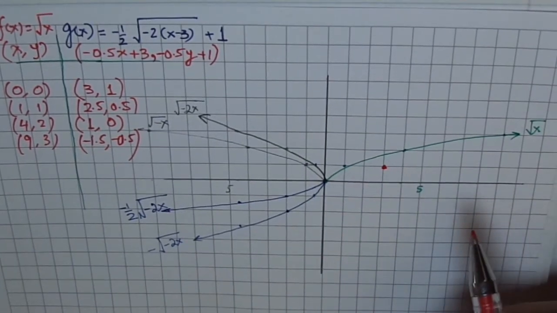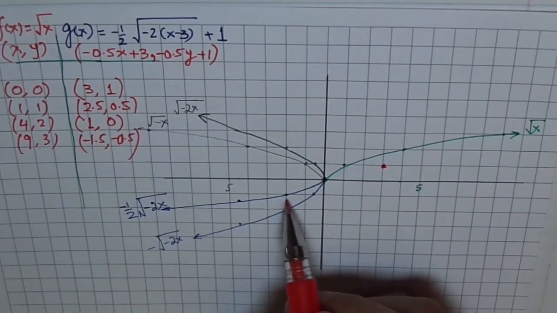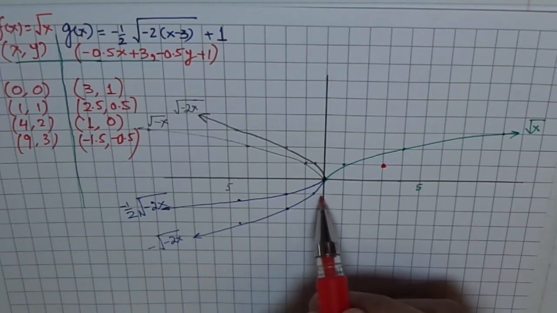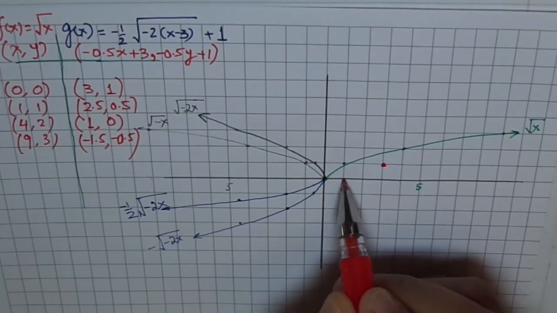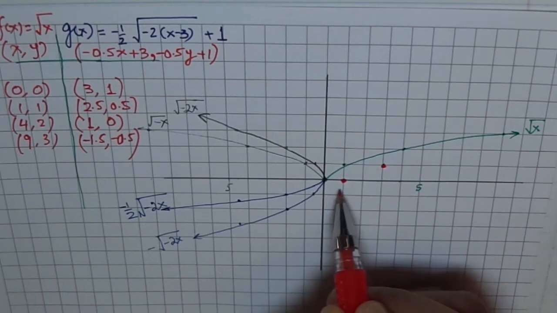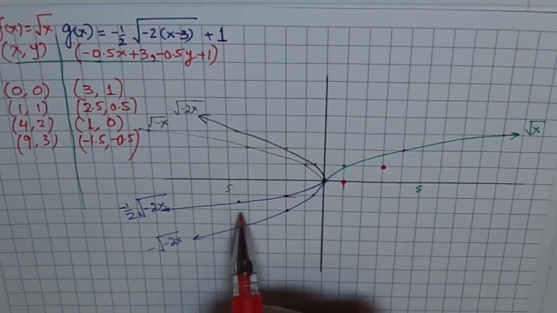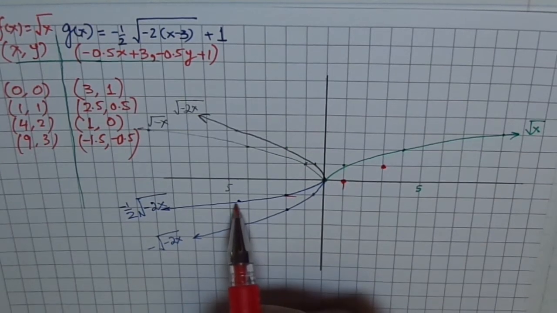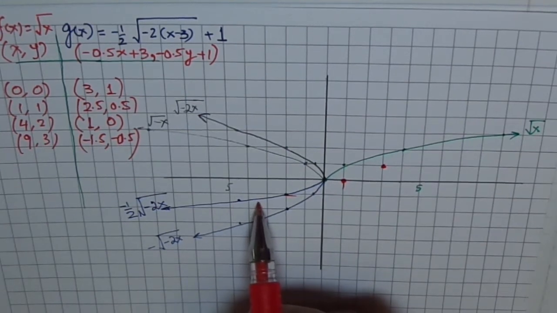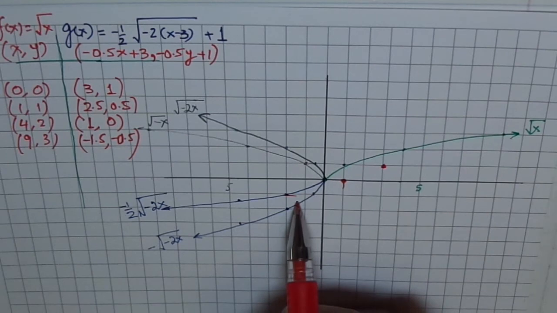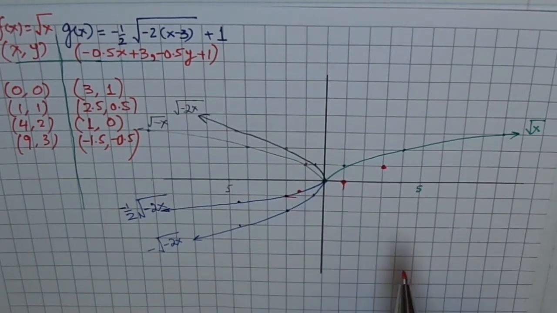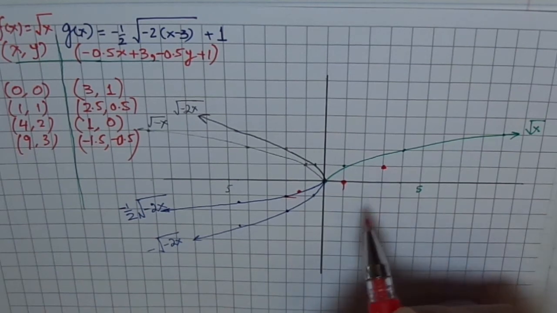Is that okay? And how about this? This point goes to 1, 2, 3 units right, 1 unit up. So this point gets there. Do you see that? This point goes here, right? Now here, 3 units right. So 1, 2, 3 units right and 1 unit up. This is kind of dicey, but this is the point here. Do you see that? Yes, it is.